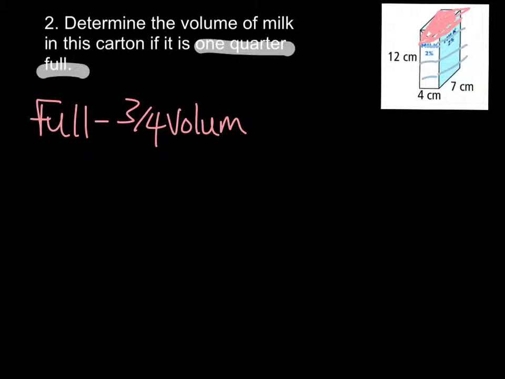So how can we use the information from the last problem to solve this one? Okay, so we know the volume of the full carton, right? And if we minus the 3/4 volume, that'll give us the 1/4 volume.